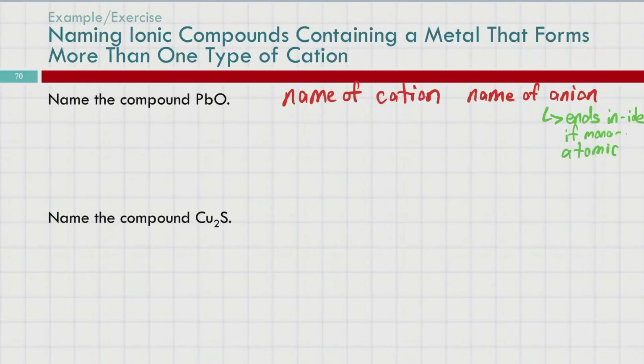If it's a polyatomic ion, it's just the name of the polyatomic ion. So we're literally just naming the two things that show up in our ionic compound. And if we're doing something that has options, like lead can form multiple types of cations because of where it is, we also have to include in the name the ion charge.